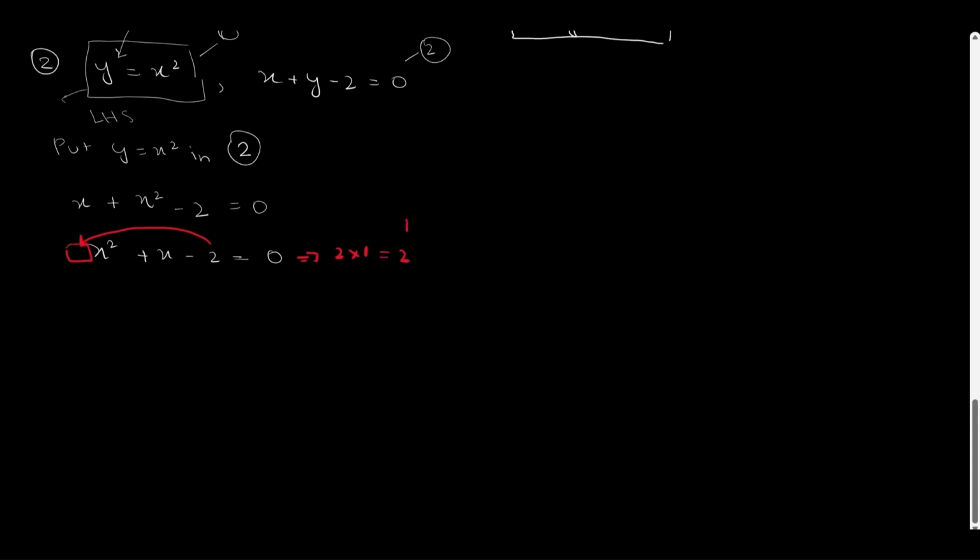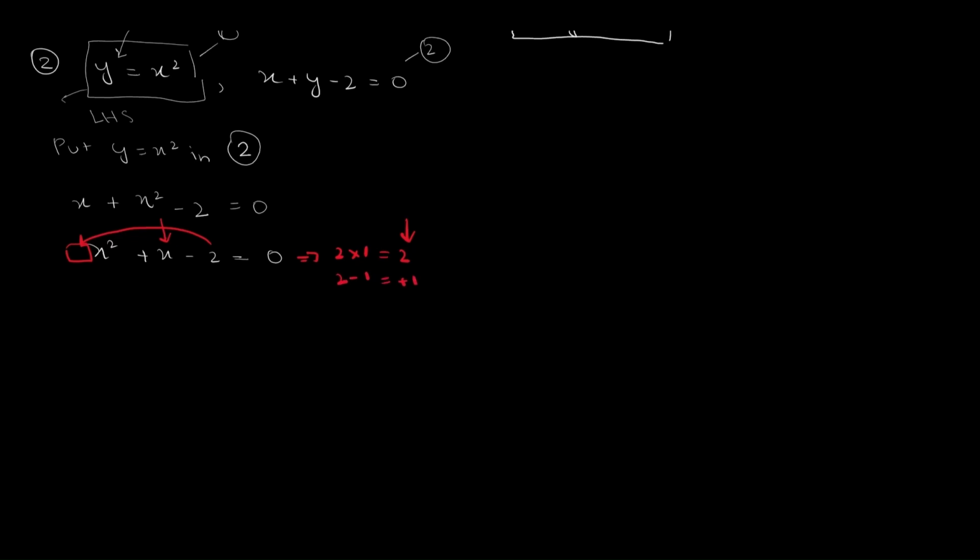And now we have to factorize 2 and find its two factors that, when added or subtracted, give you plus 1, the coefficient of x. In the case of 2 into 1, when we do 2 minus 1, it gives you plus 1, which is the coefficient of x.